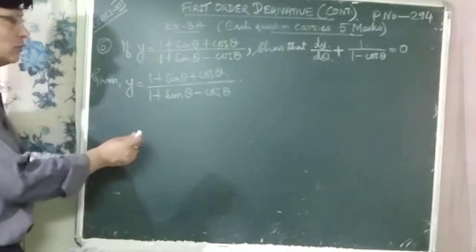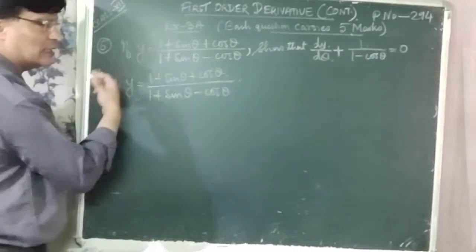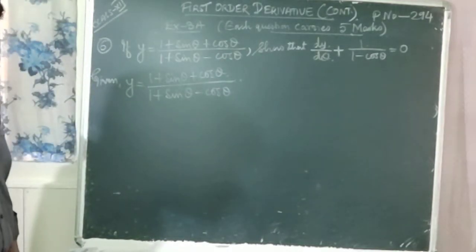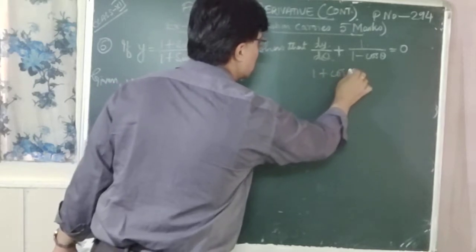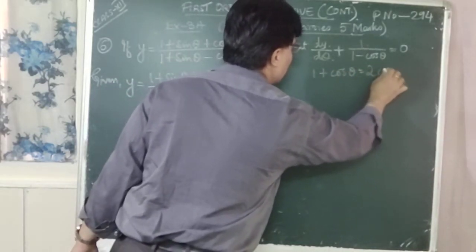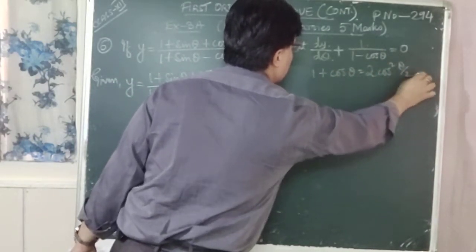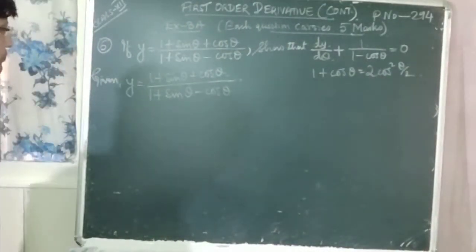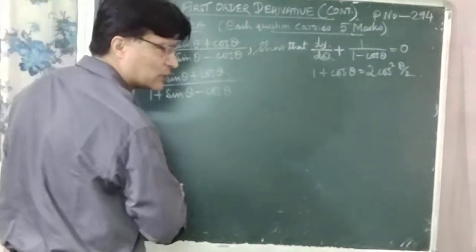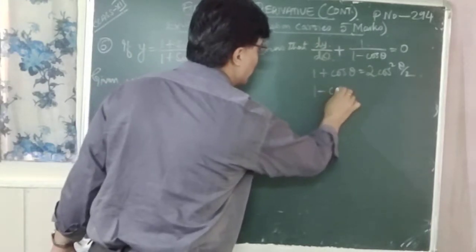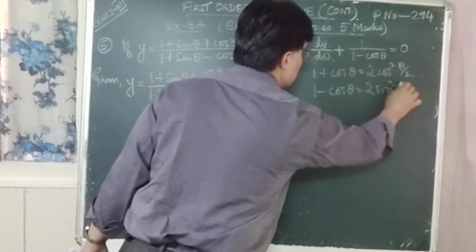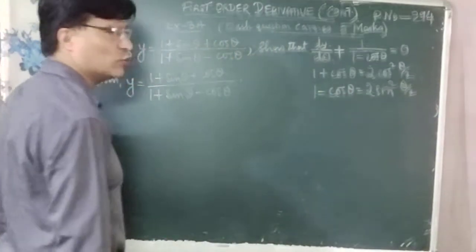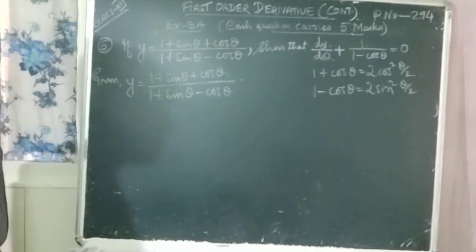So now 1 plus cos theta, there is a formula 2 cos square theta by 2. You know that formula, isn't it? 1 plus cos theta is equal to 2 cos square theta by 2, right? Again 1 minus cos theta is there. The formula for 1 minus cos theta is 2 sine square theta by 2. So you can use this formula.